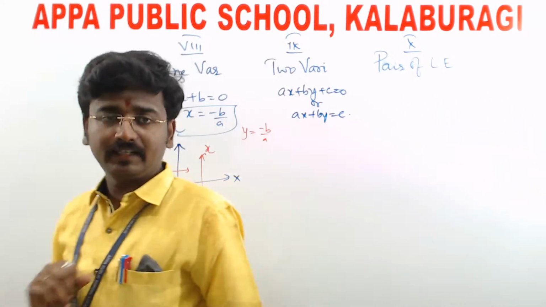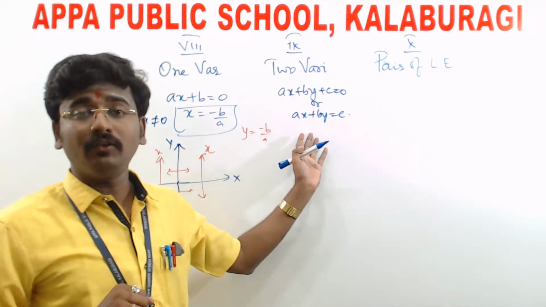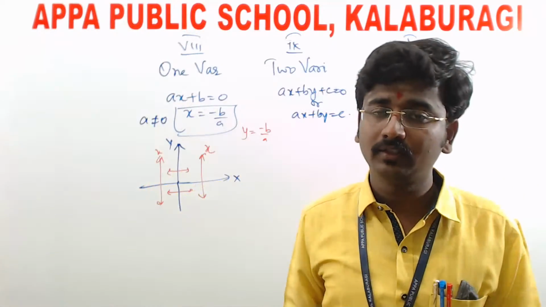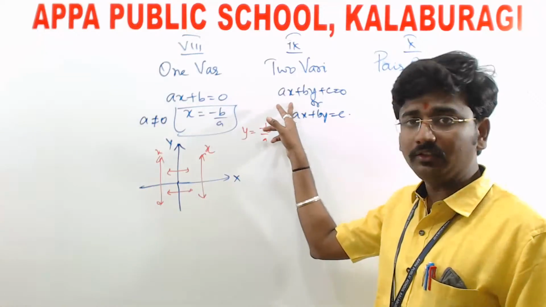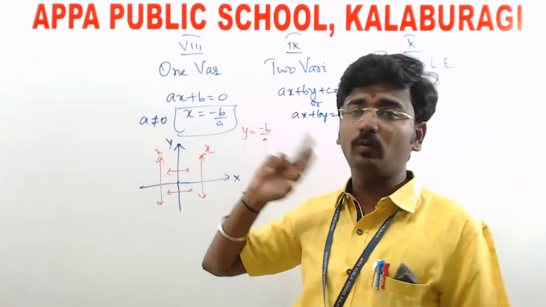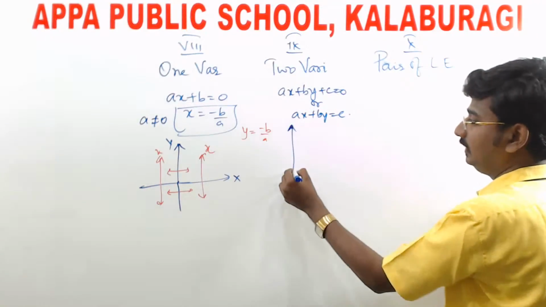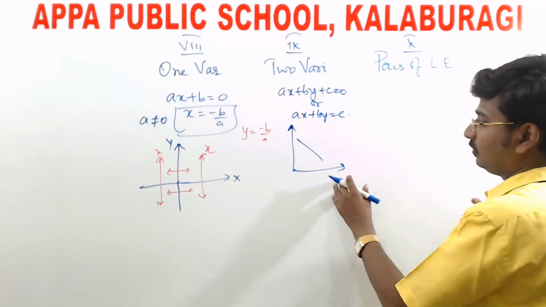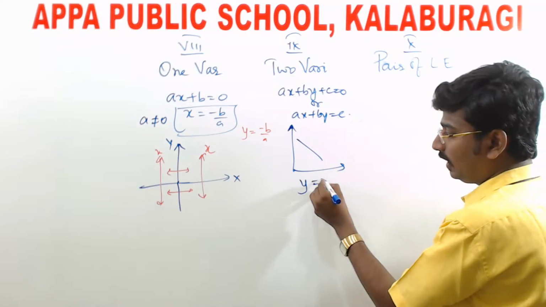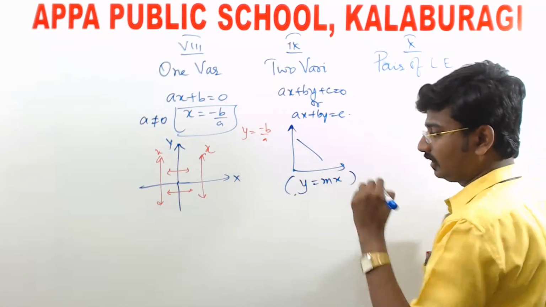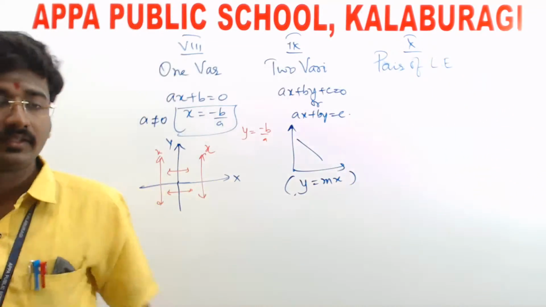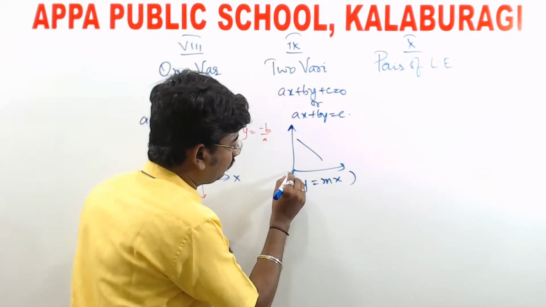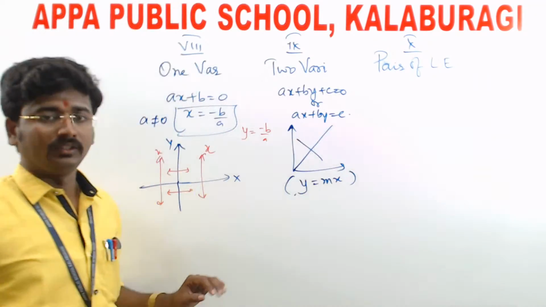This was the standard form, and it has infinitely many solutions because for different values of x you may get different values of y, and the graph was linear, a straight line. There was one more equation, y equal to mx. This is most important. At this time, the graph will start from the origin.